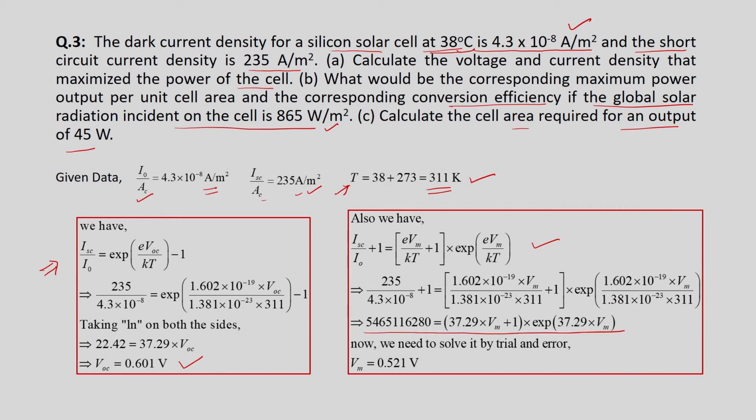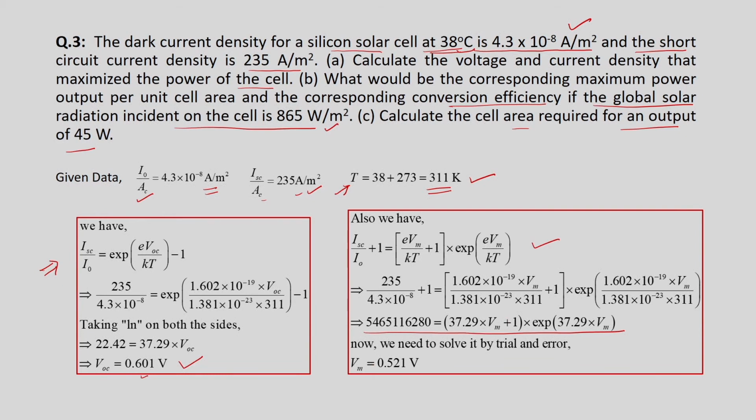We cannot solve this expression straight away, so we need to solve it by trial and error. We need some prior knowledge about VM, because you already know VOC is 0.601, so VM has to be less than 0.601. That way we can decide the probable values of VM. Maybe we can start with 0.5, then 0.55.